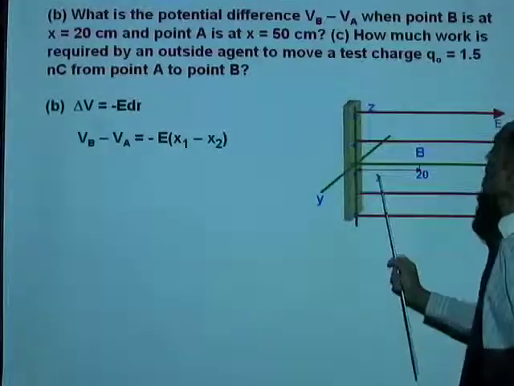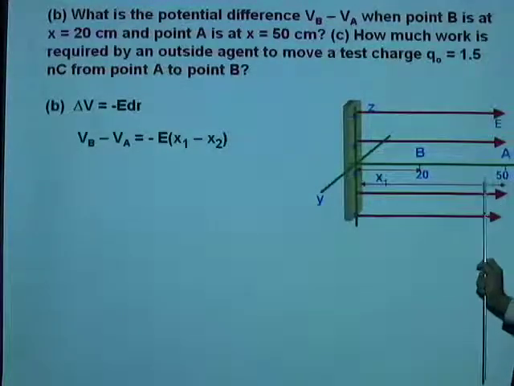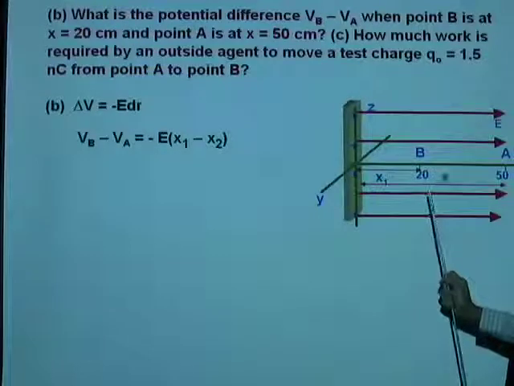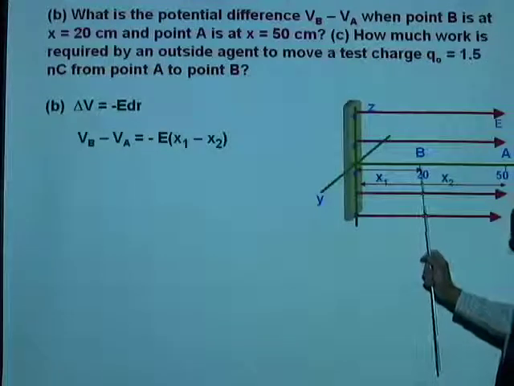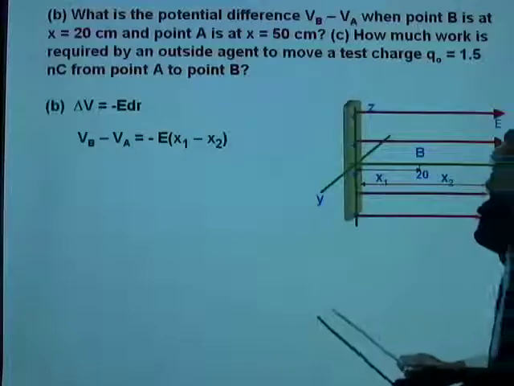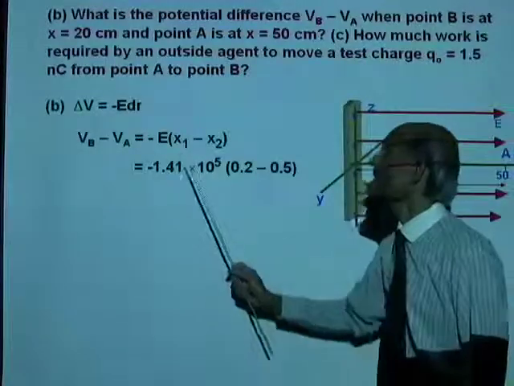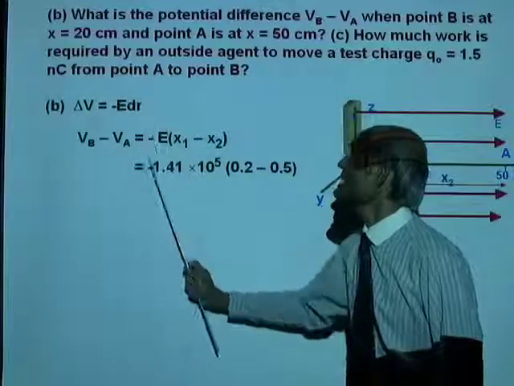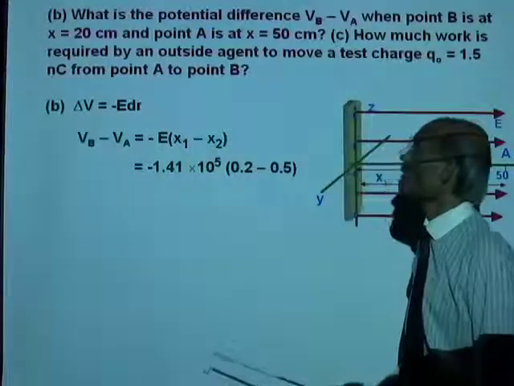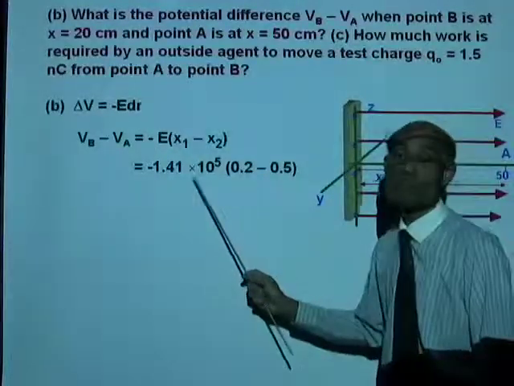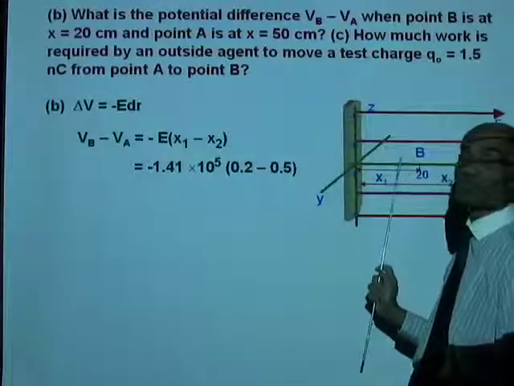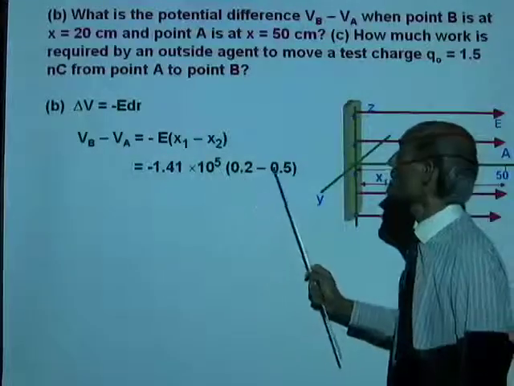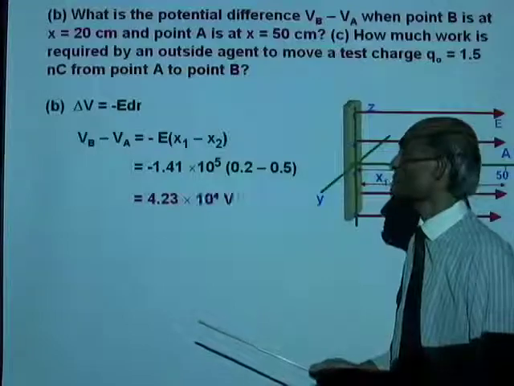And this is our x1 and this is our x2. x1 equal to 0.2 meter. x2 equal to 0.5 meter. So we have negative E, negative 1.41 times 10 to the 5, which we just calculated as the electric field, times x1 minus x2.